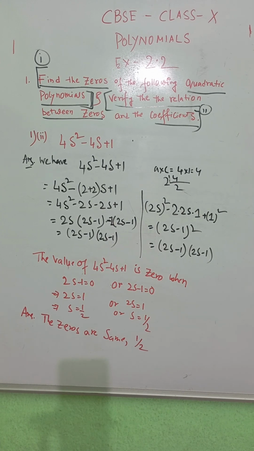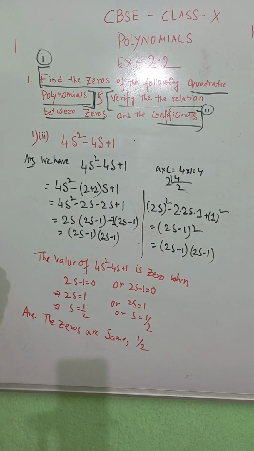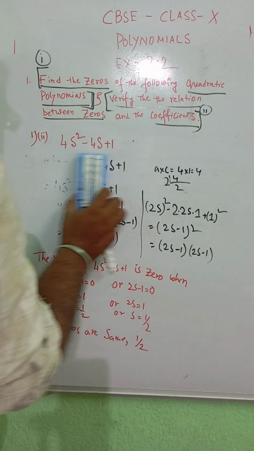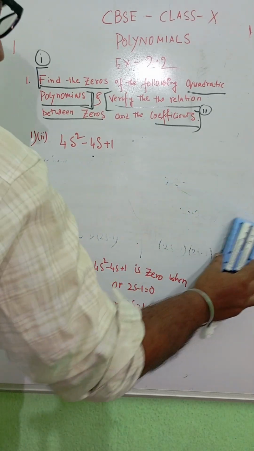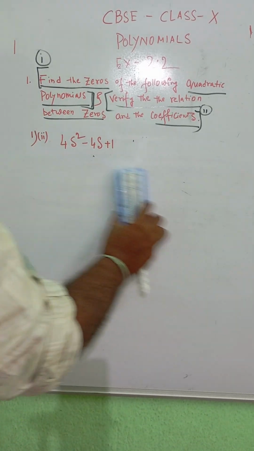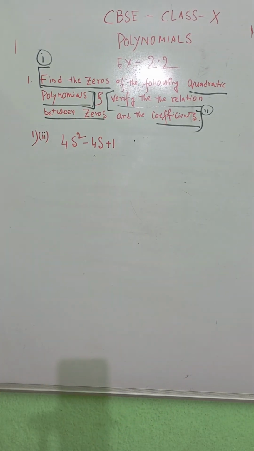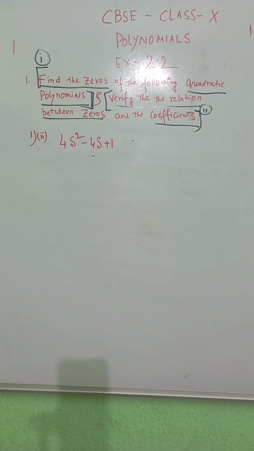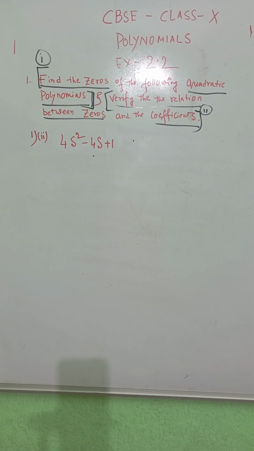Now the second part: verify the relation between zeros and coefficients.